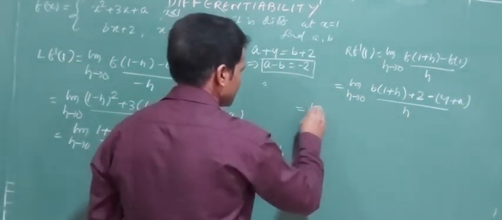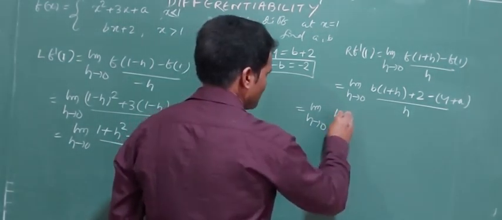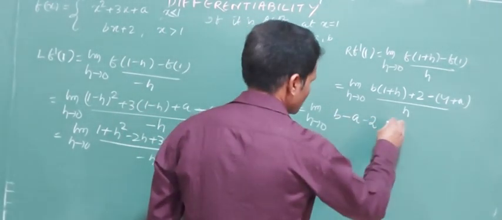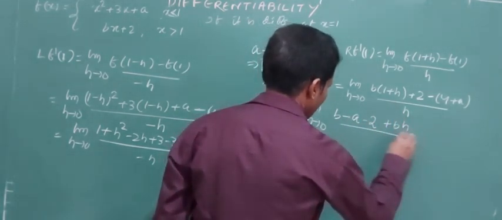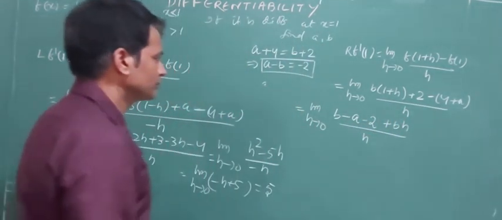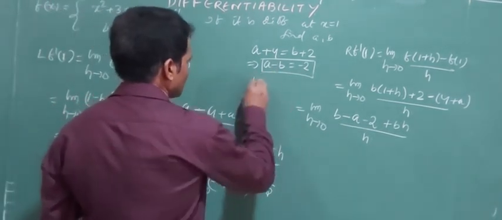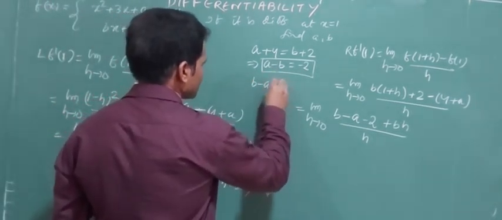It gives me limit h tends to 0, b minus a minus 2 plus bh by h. Nothing is getting cancelled out. Replace the value from here: b minus a is equals to 2.